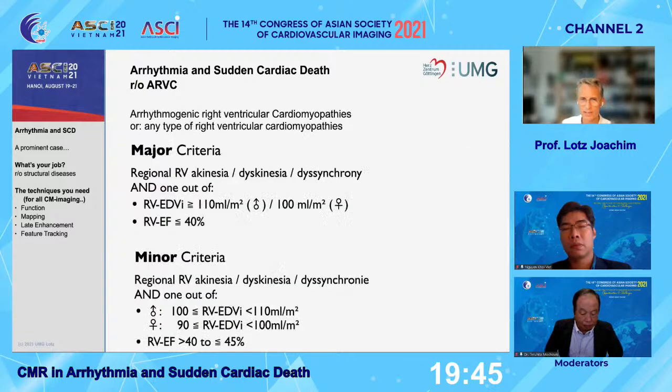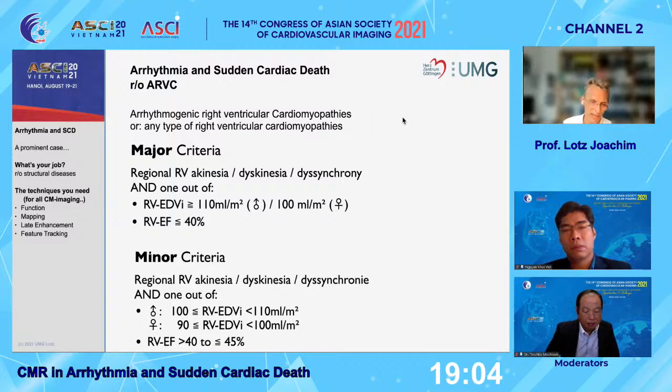The ARVC criteria focus on a functional assessment, which is usually done on a visual basis. So feature tracking is not yet in the guidelines. So a pure visual analysis of the right ventricle, whether you have any akinesia, any dyskinesia, any dyssynchrony, so not regular contraction of the right ventricle, plus a volumetric criterion, which is the dilatation of the end-diastolic volume index or the reduction of right ventricular ejection fraction.